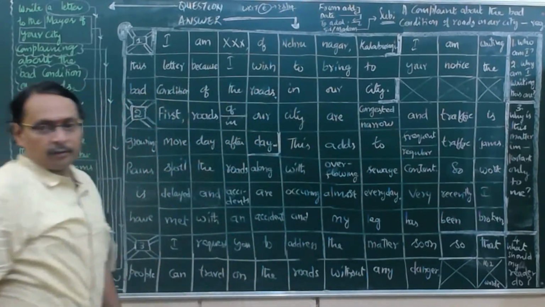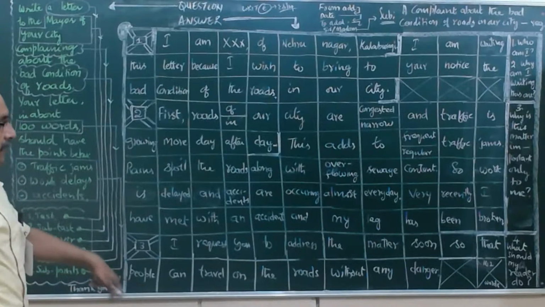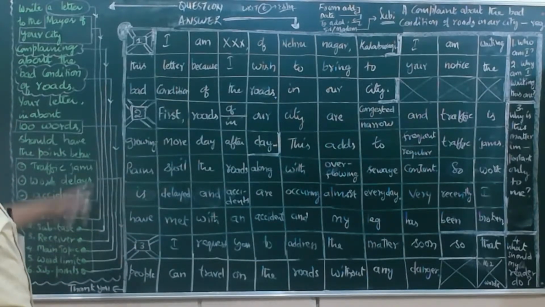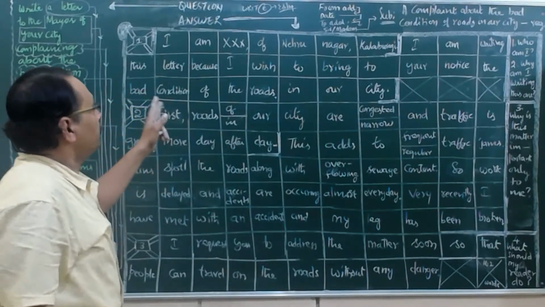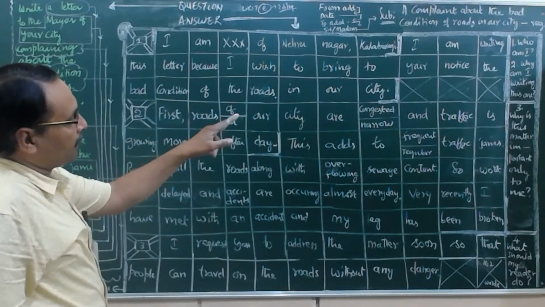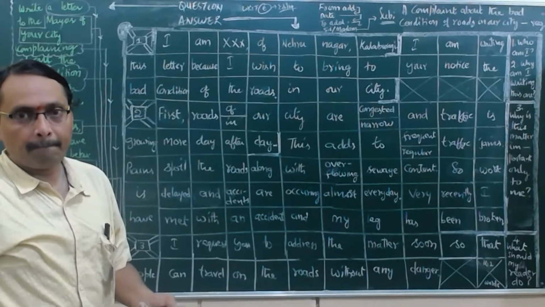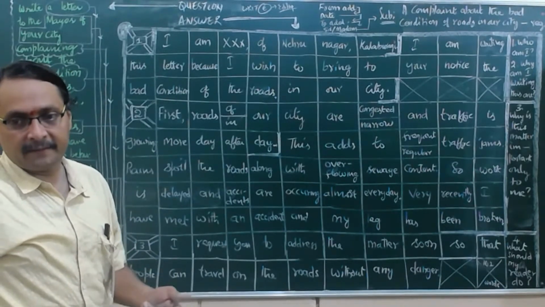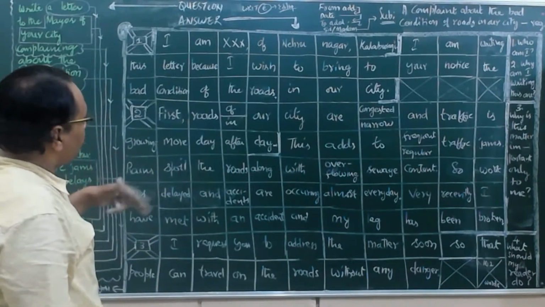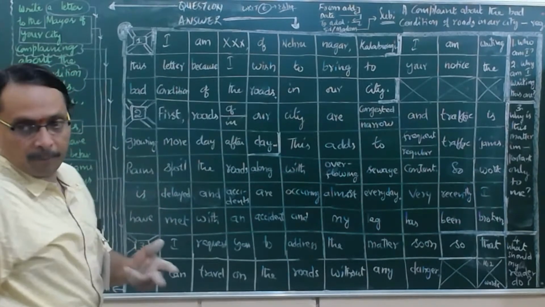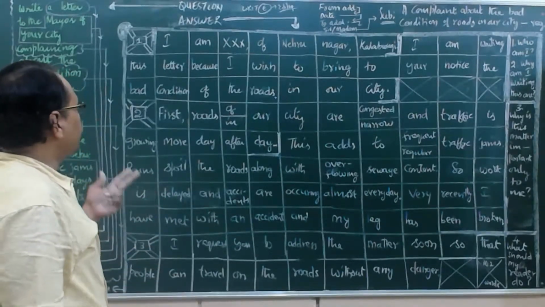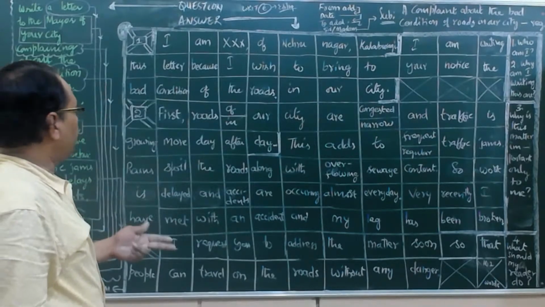So we need to correct those mistakes before we say that the task is over. So I am XYZ of Nehru Nagar Kalaburgi. I am writing. You need to say it orally, especially at the time of practicing. When you are practicing, it is better to say it orally, loudly.